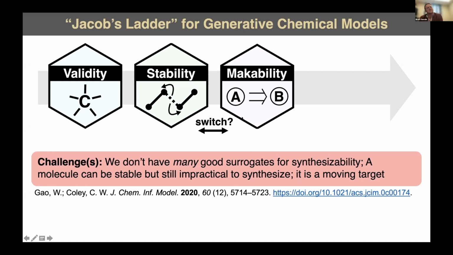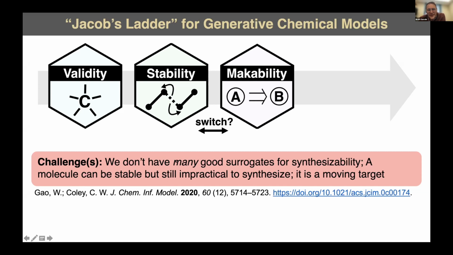That's a smaller chemical space, right? I would argue that we don't have many good surrogates for synthesizability. I mainly put that there because I know Connor has one of the best synthetic complexity scores. But we just heard the author of the synthetic complexity score tell us that he doesn't have faith in these scores when it comes to generative models.